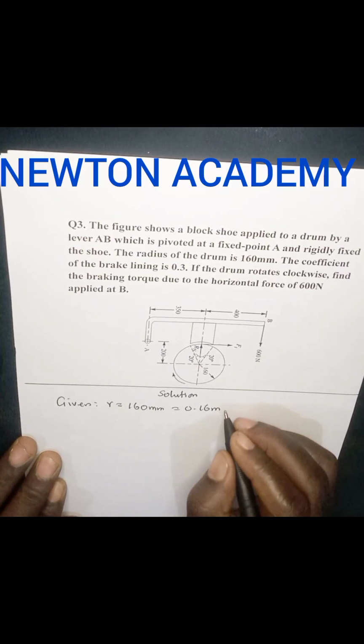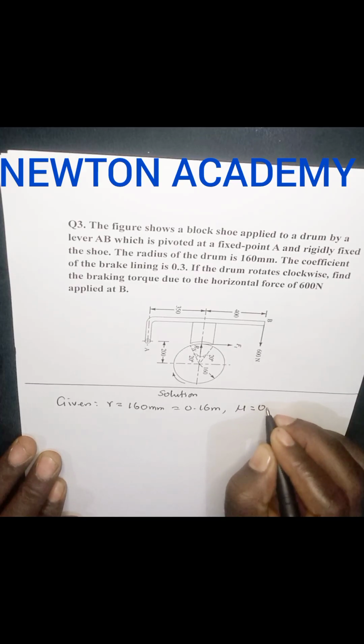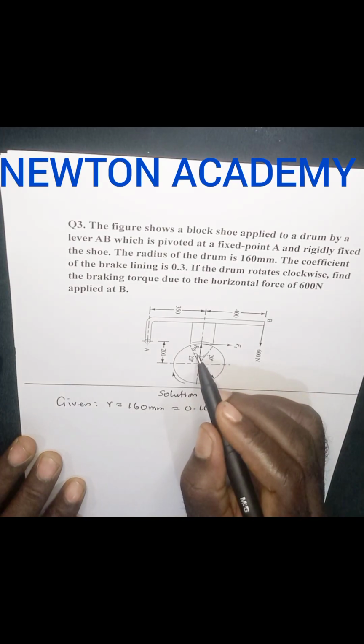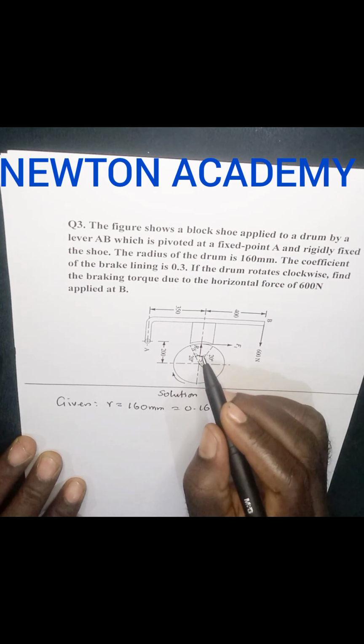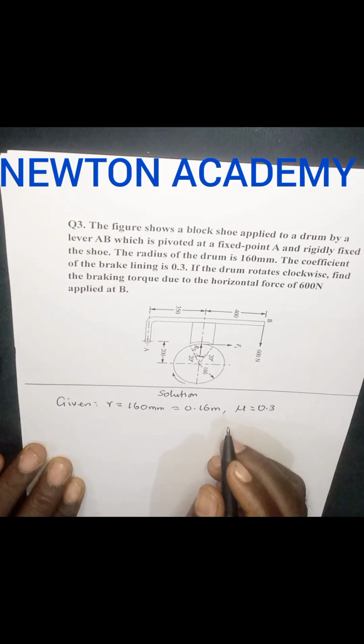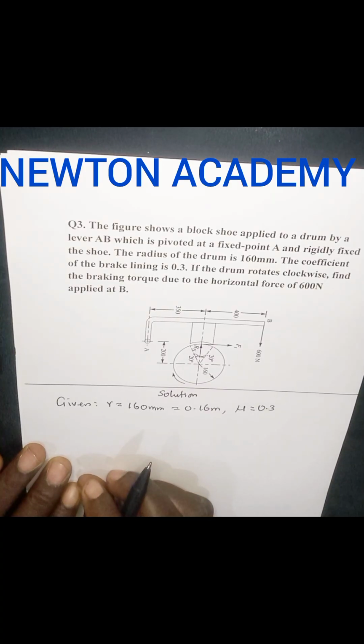Then we are given the coefficient of friction, which is equal to 0.3. When you look at it, the contact angle here we have 20 degrees. The contact angle 2 theta is 40 degrees. Here we are going to assume that pressure is uniform over the surface. We are going to use the coefficient of friction. We are not going to calculate equivalent coefficient of friction in this case.